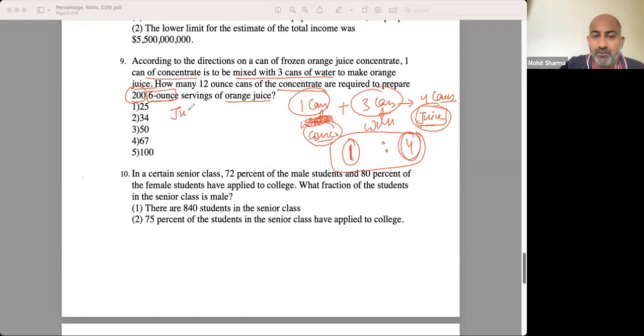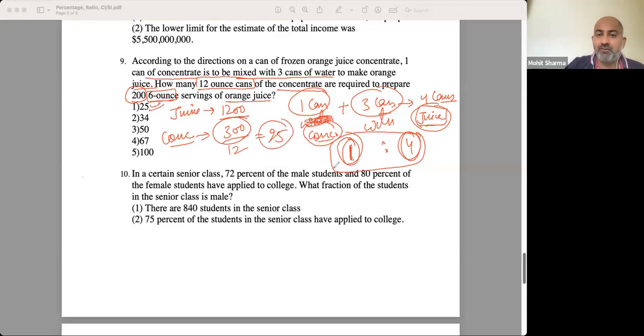So the total juice to be made is 1200 ounces. How much concentrate would be required for that? 1/4, that means 300 ounces of concentrate. And the question is how many 12-ounce cans? So divided by 12, 25 cans of 12 ounces each would be required.